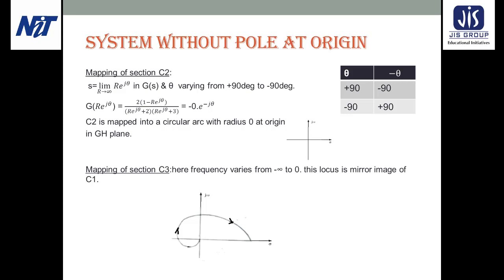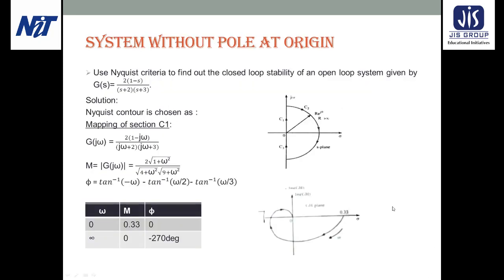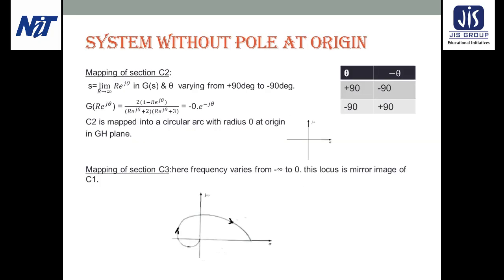And for the next section, C3, if we go back to the previous slide, we can see that in C3 omega is varying from minus infinity to 0. So C1 is varying from 0 to infinity and C3 is varying from minus infinity to 0. So we can say that C1 and C3 are mirror images.